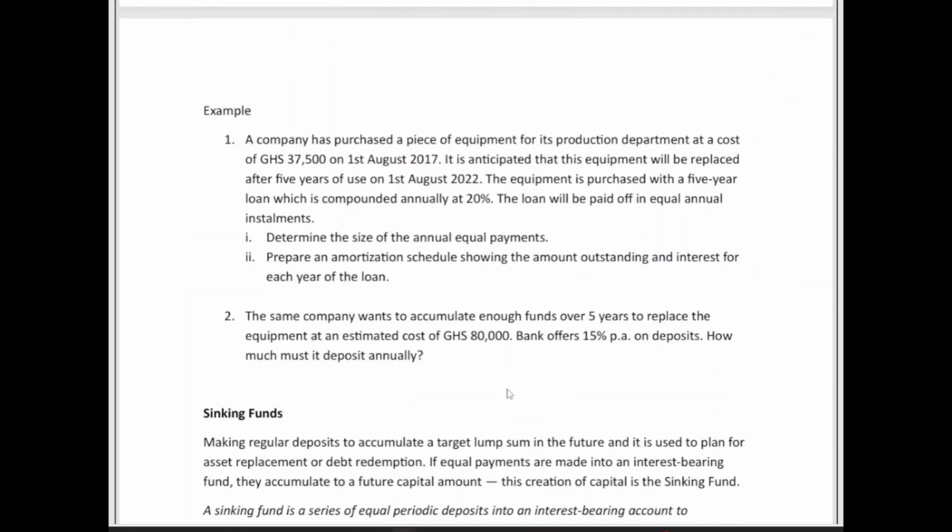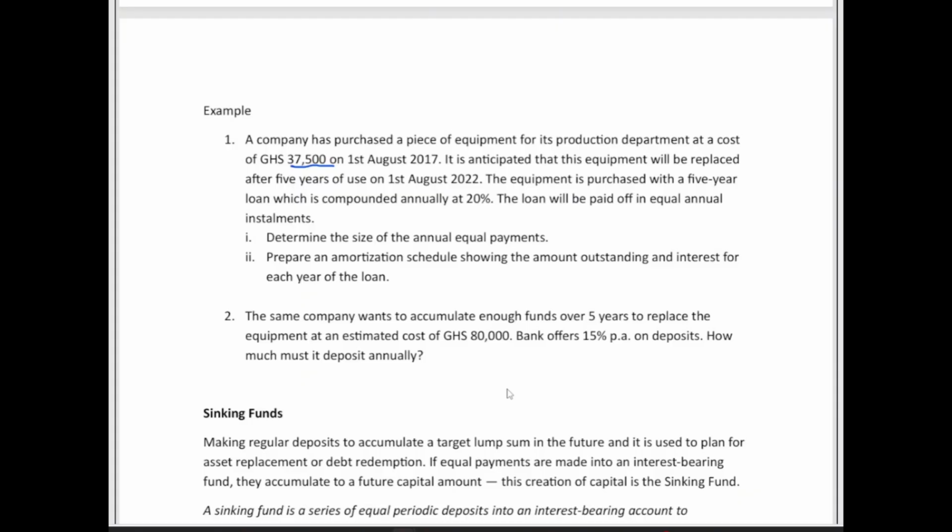So let's look at this example. A company purchased a piece of equipment for its production department at a cost of 37,500 on 1st August 2017. It is anticipated that this equipment will be replaced after 5 years of use on 1st August 2022.